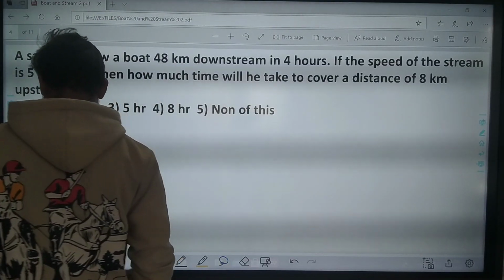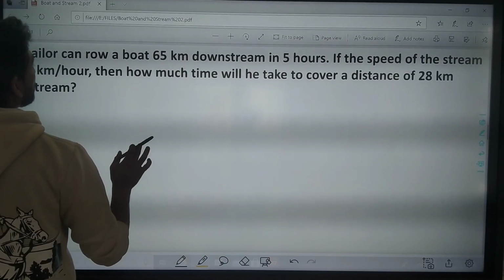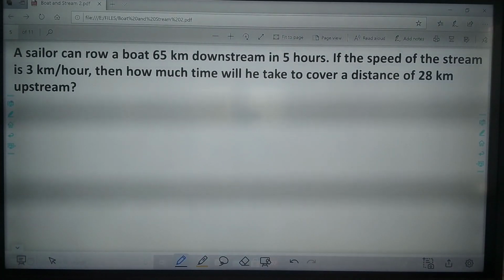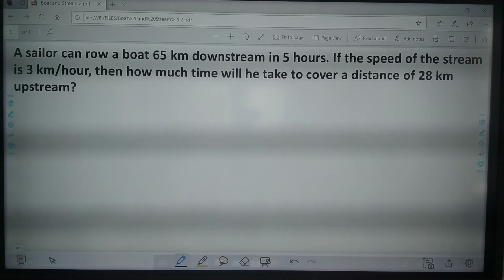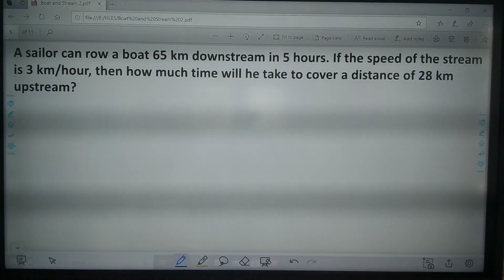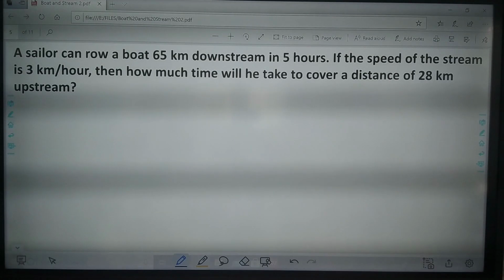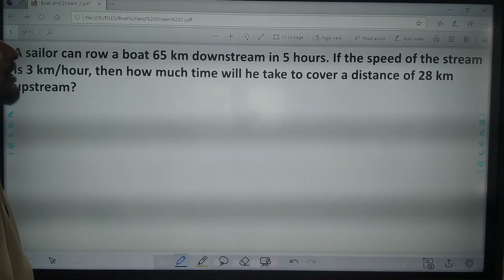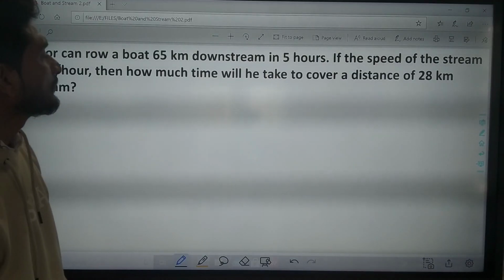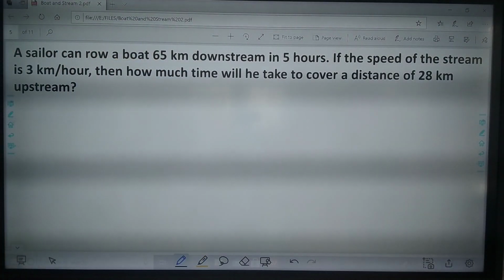Now next. A sailor can row a boat 65 km downstream in 5 hours. If the speed of the stream is 3 km per hour, then how much time will he take to cover a distance of 28 km upstream?